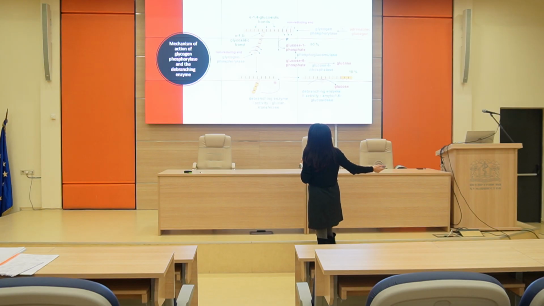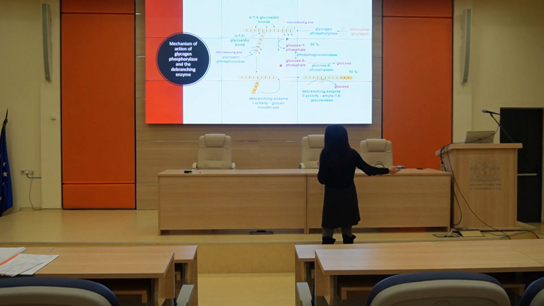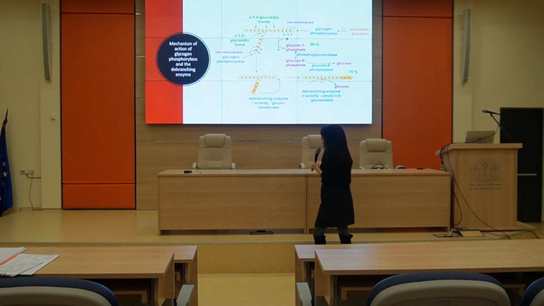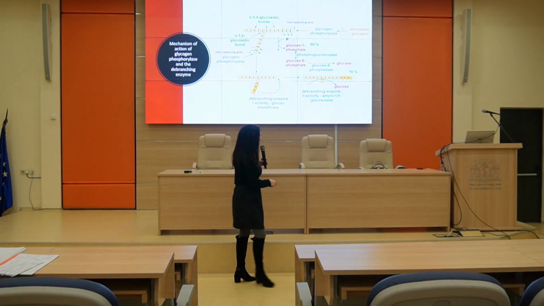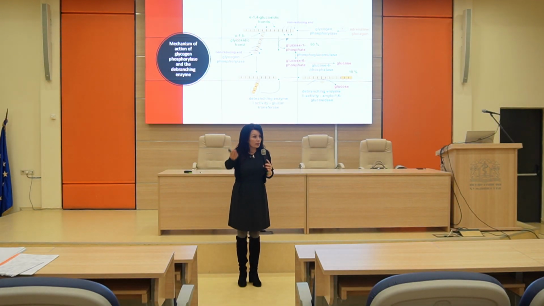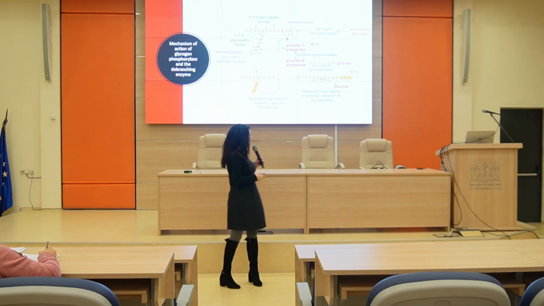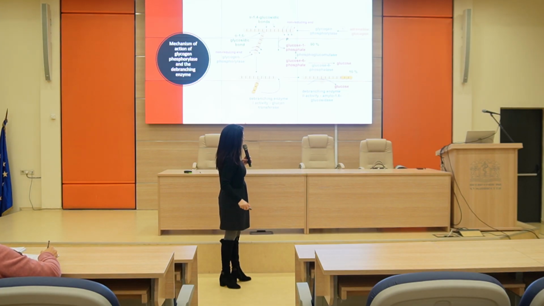The next one is called phosphoglucomutase, to produce glucose 6-phosphate, and after that, thanks to the enzyme glucose 6-phosphatase, which is located in the liver and kidneys. These are both organs of gluconeogenesis, by the way, because glucose 6-phosphatase is a part of gluconeogenesis. That's why free glucose will be produced in the end.